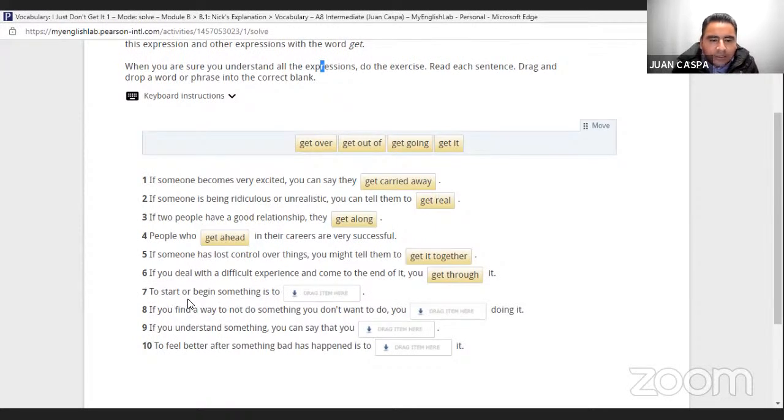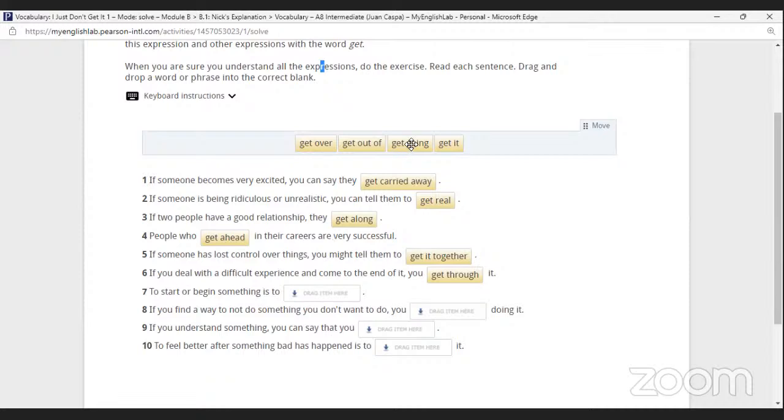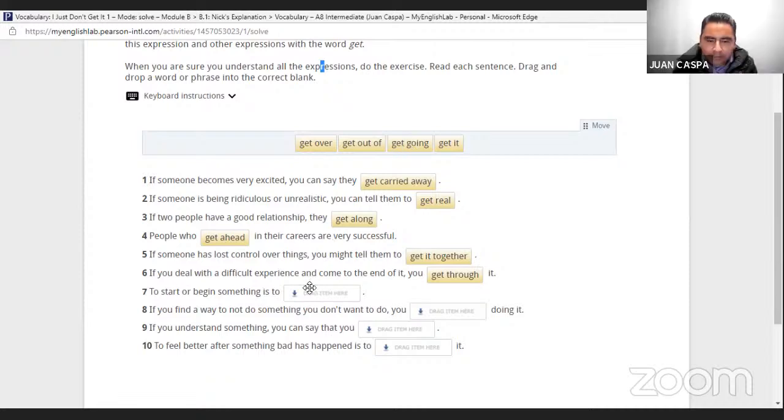Okay, to start or be in something is to... what do you think it is? To start, empezar, o empezar alguna cosa es, ¿qué significaría? Get going, yes, comenzar.